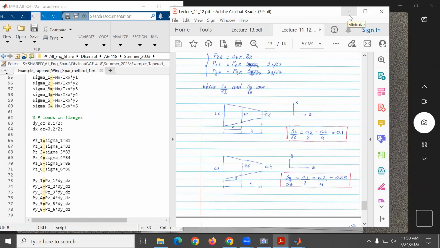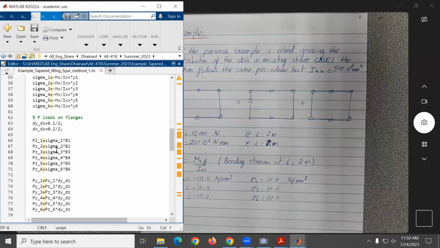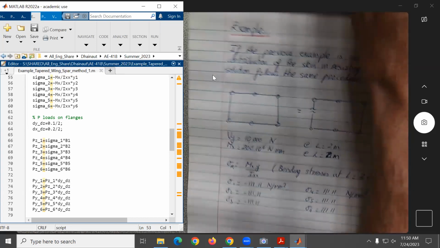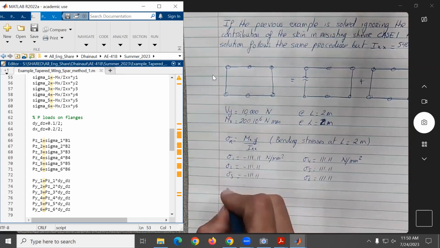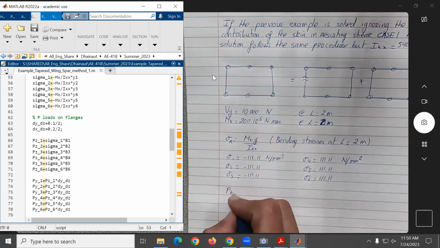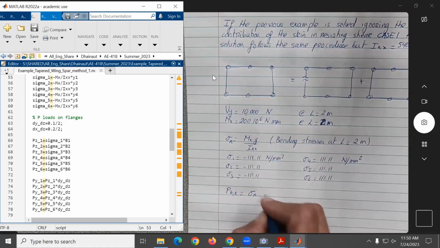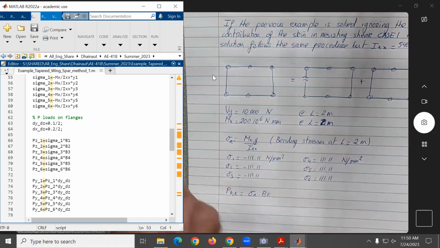All right. So now that we know this, okay, but before that we did the Pz. So then what did we use? We used the relation of Pz sub r is equal to sigma sub r times b sub r. Okay.